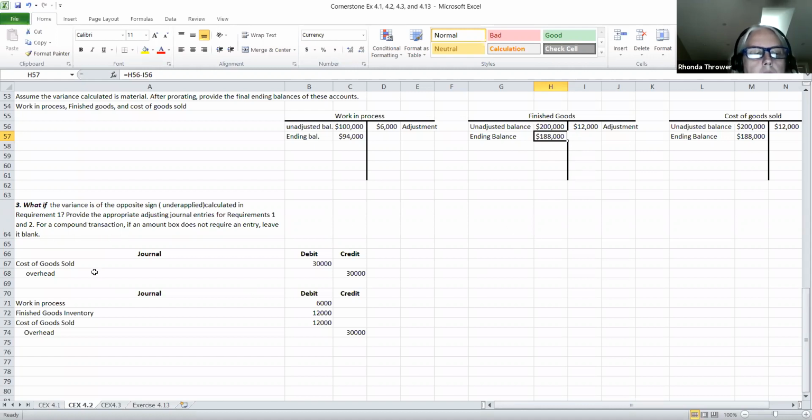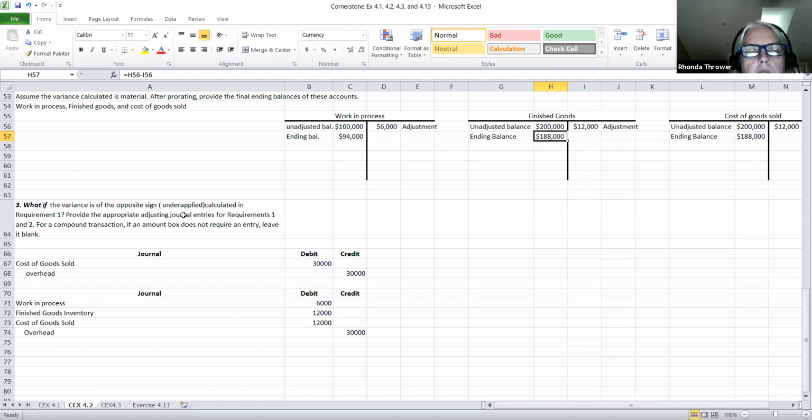And so if it was immaterial and it was under applied, this is the journal entry that you would make. Remember, it's the reverse of the over applied balance. So our cost of goods sold would have been debited in this case, and we would have had a credit to our overhead. This is if the balance in the overhead account at the end of the period was under applied, which means it's over on the debit side.